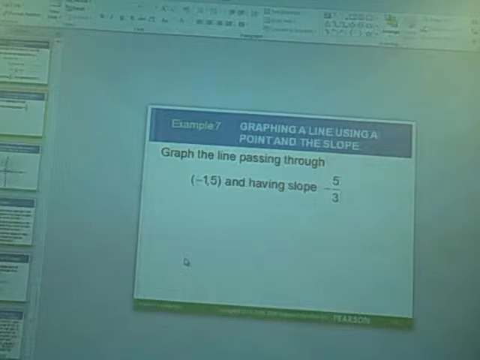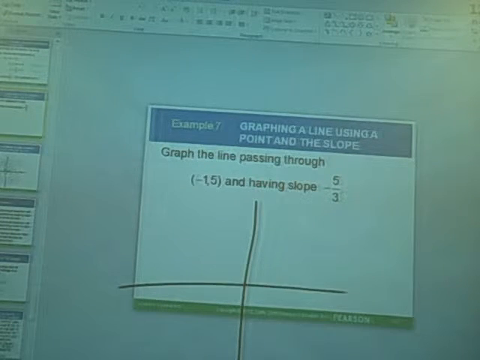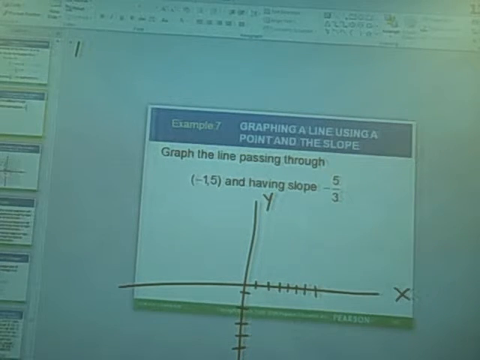Okay, we want to graph the line that passes through -1, 5 and has a slope of -5/3. Alright, so here's our coordinate plane. And so first thing you want to do, step 1, is plot your point.